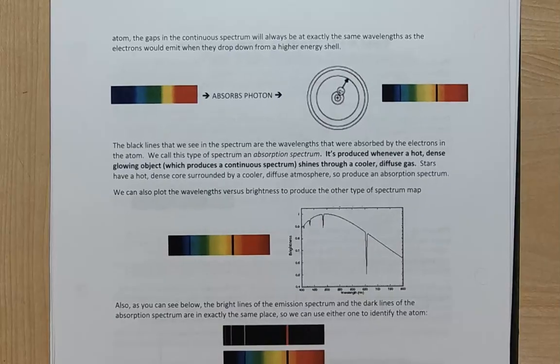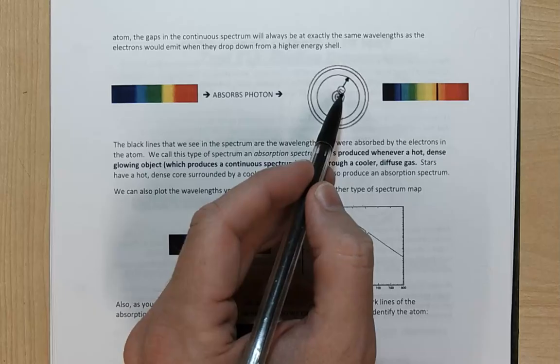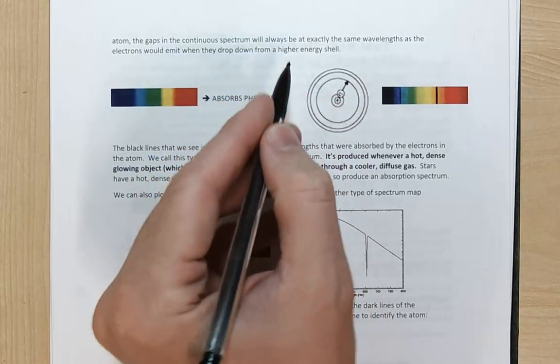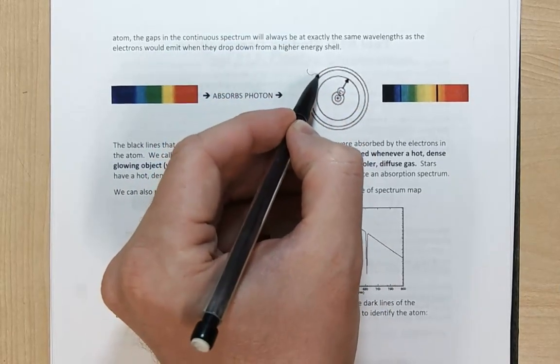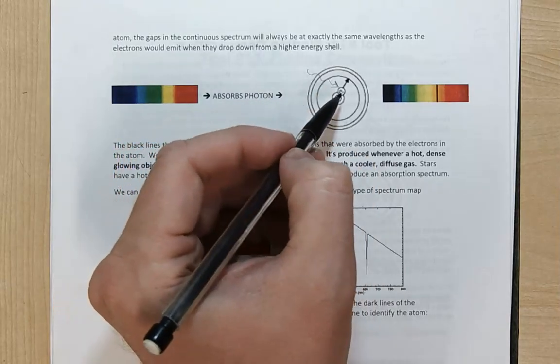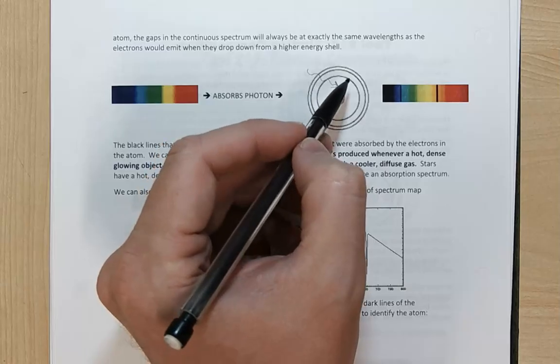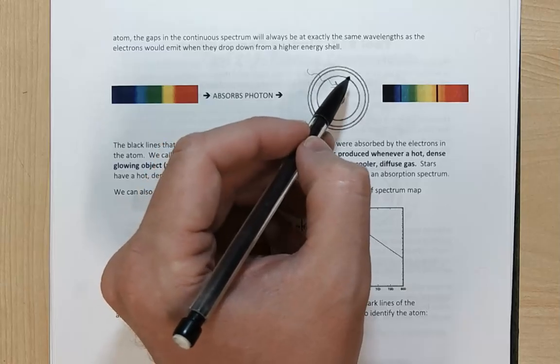If you have a cool gas, then your electrons start out at low energy levels, which means that if a photon comes in, the electron absorbs that photon, gains that photon's energy, and jumps up to the higher energy level.